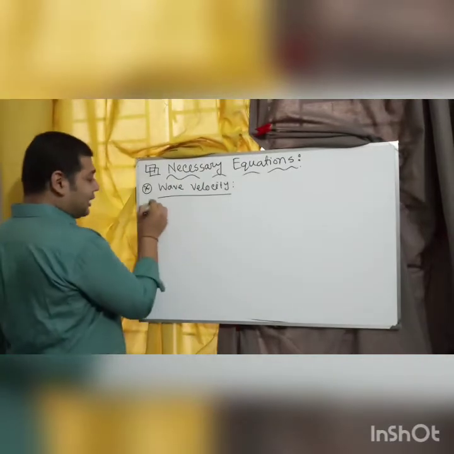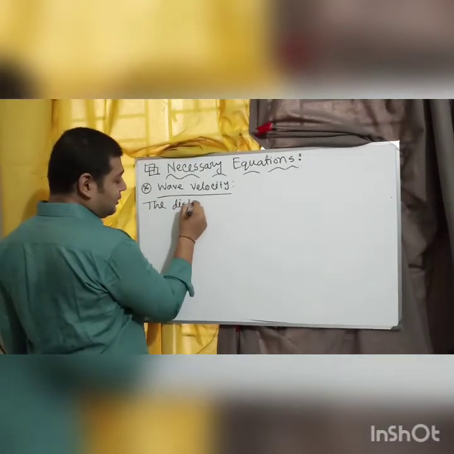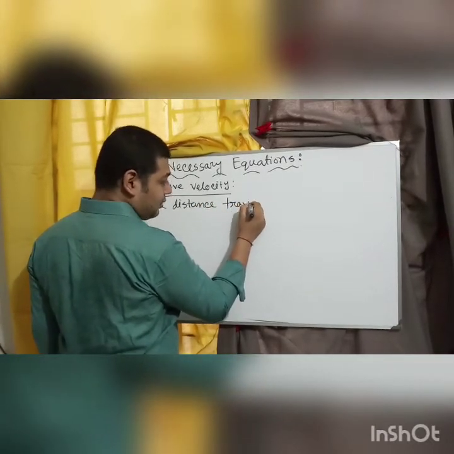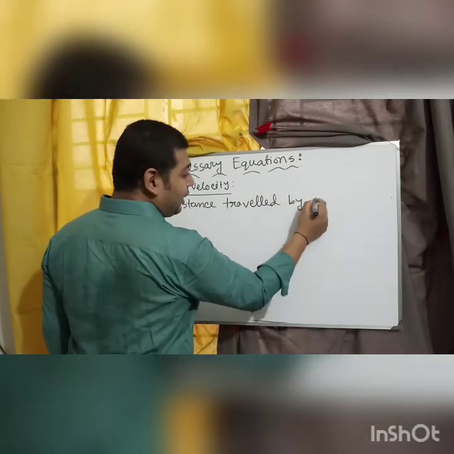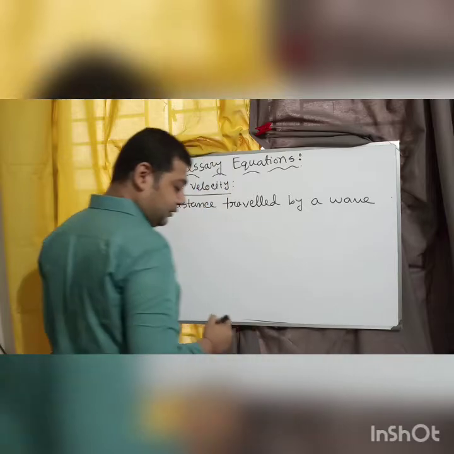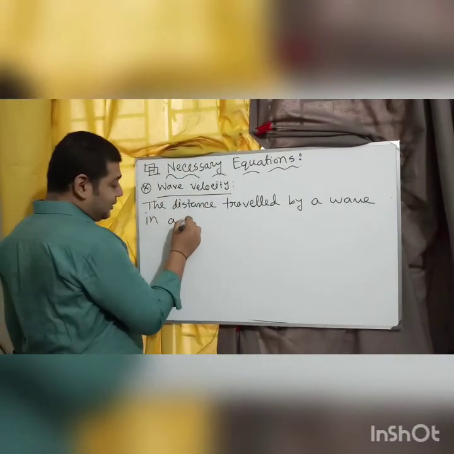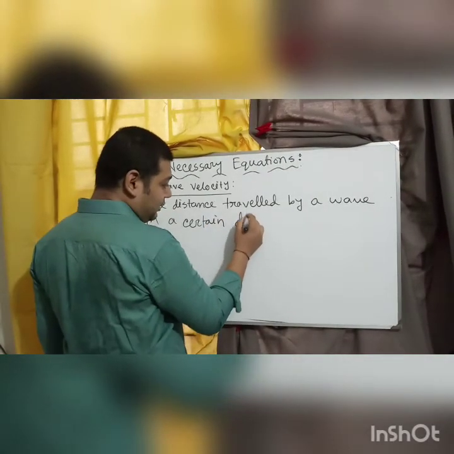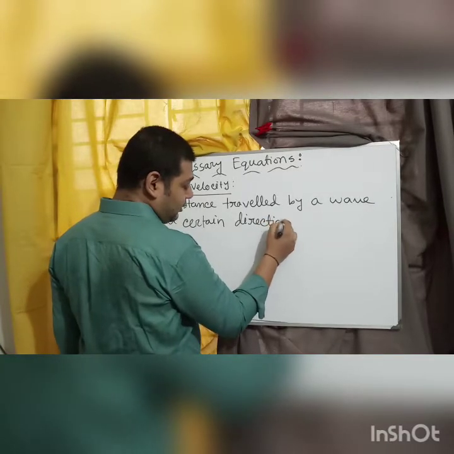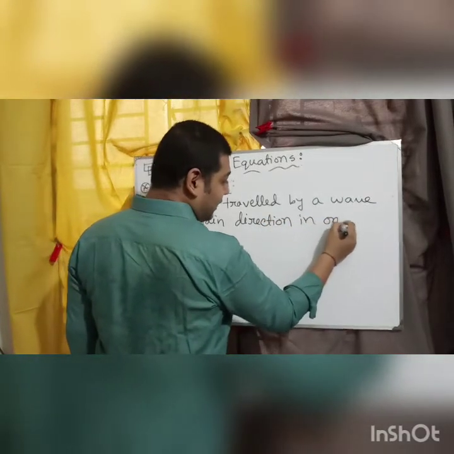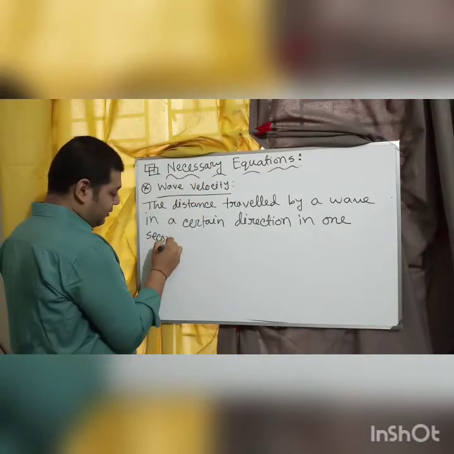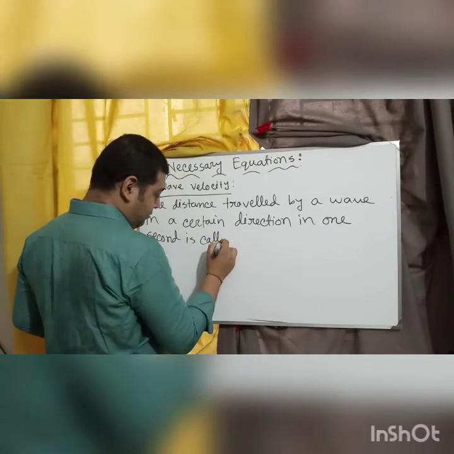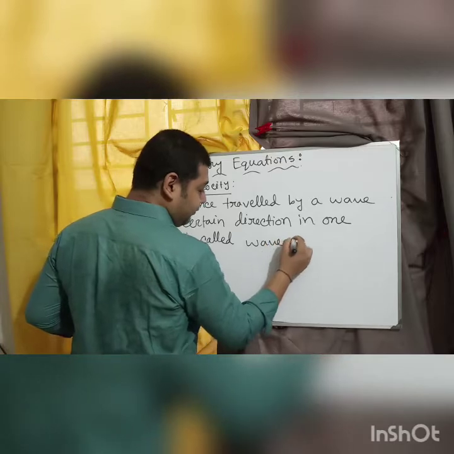Wave velocity is the distance traveled by a wave in a certain direction in 1 second.